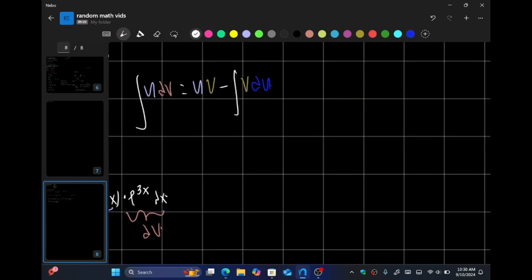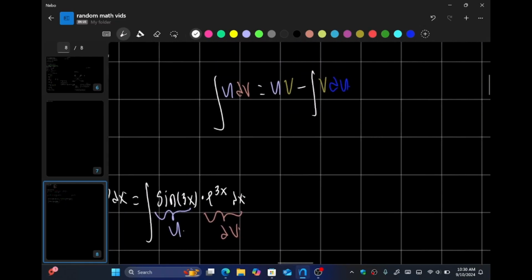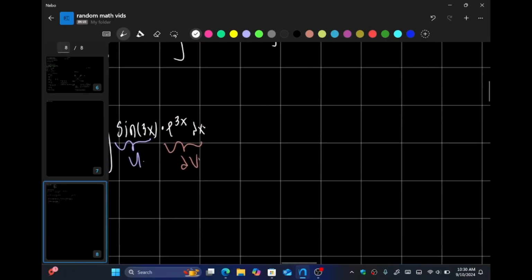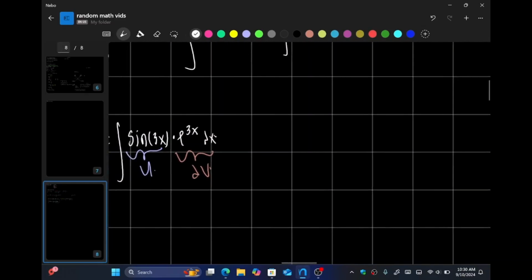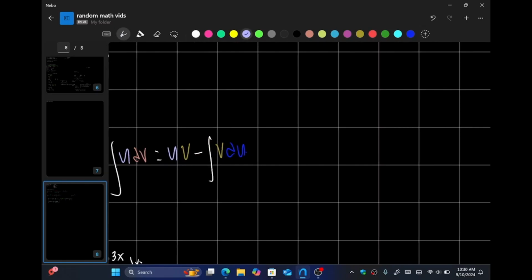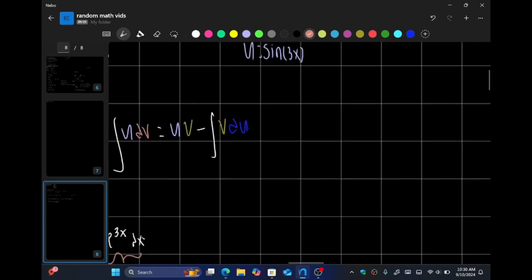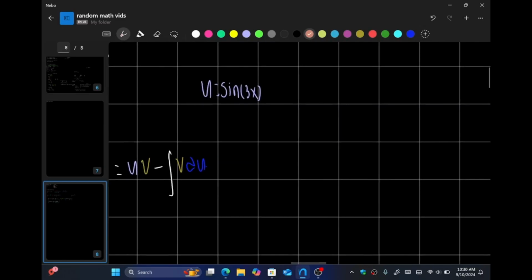But yeah. Okay, so here, let's go ahead and define u, and then dv, and then du and v. So u is sine of 3x, and then dv is e to the 3x dx.